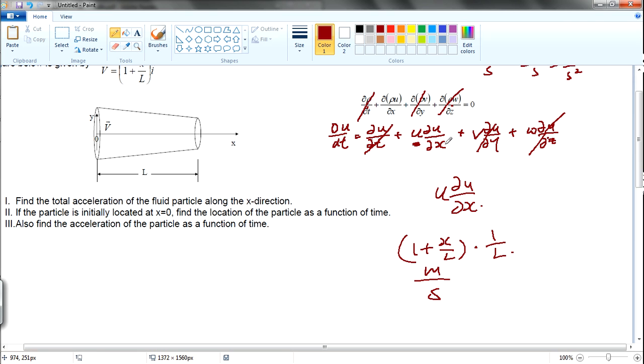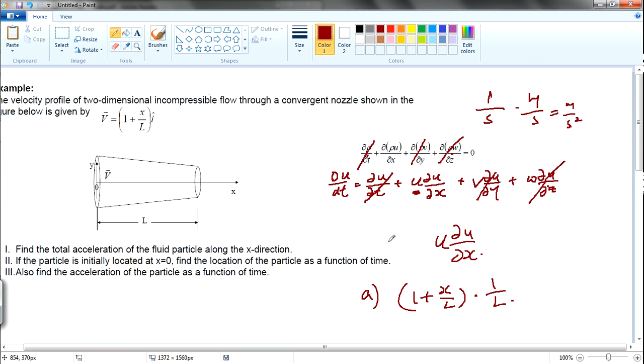And then this partial x, it's meter per second divided by meter, which equals 1 per second. So this term has a per second type of SI unit. With this, you have found our acceleration, which is this one over here. So this is a, the acceleration of the fluid particle. If you want to ask me how, I also have no idea.